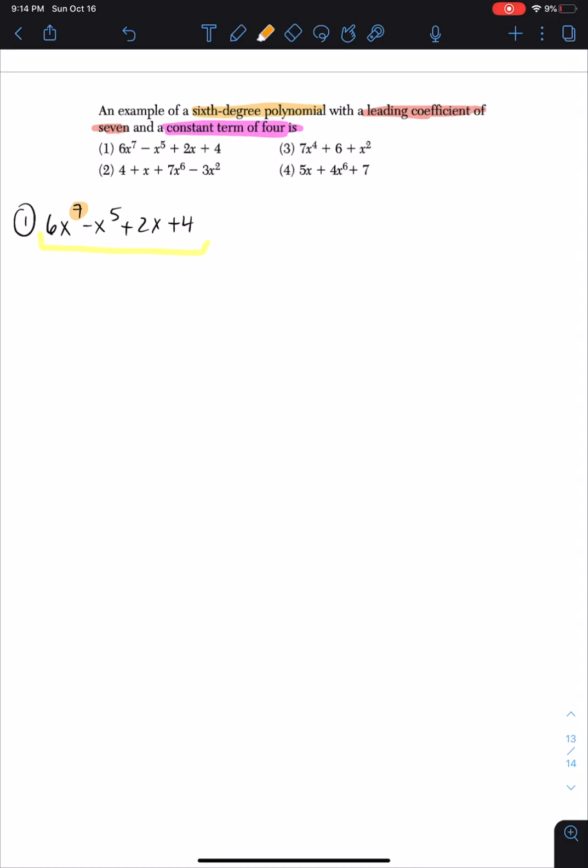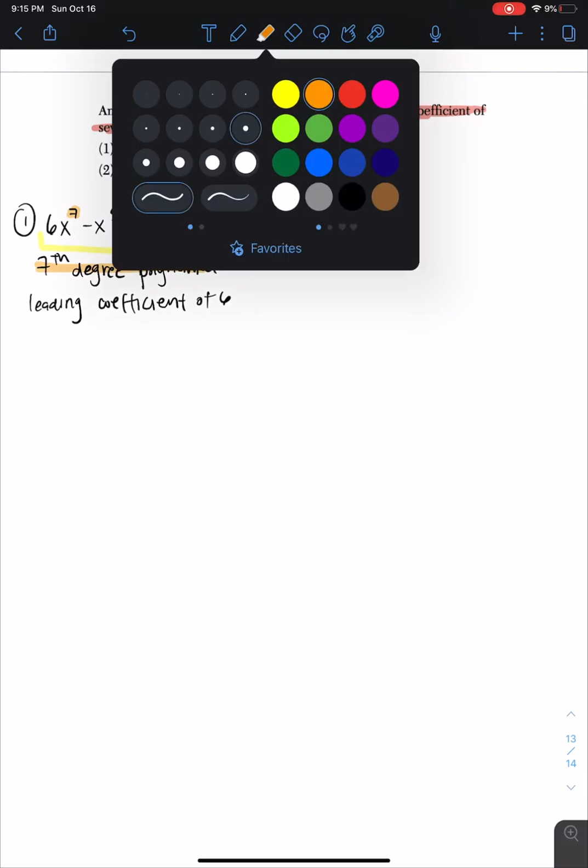So in option number 1, this is not a 6th degree polynomial. This is a 7th degree polynomial, but we're really looking for a 6th degree polynomial. It also has a leading coefficient of 6, and we see that here.